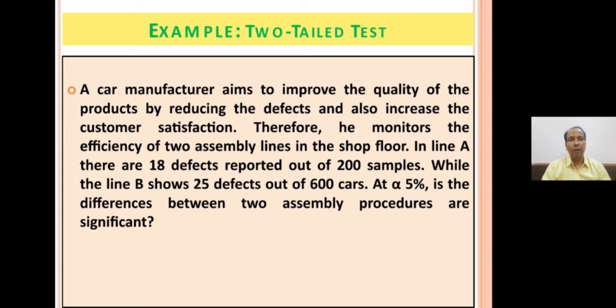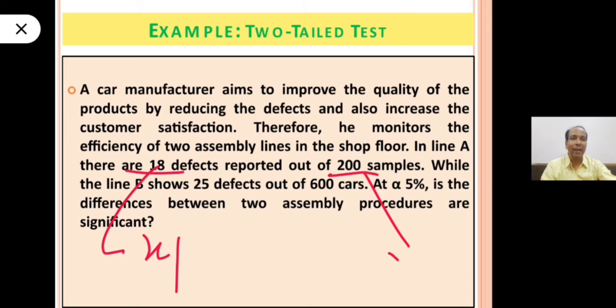So now here we can see what is given to us. 18 defects out of 200 samples. So 18 is x1 and 200 is n1. In line B, 25 defects are the observed value in sample 2, therefore it is x2.